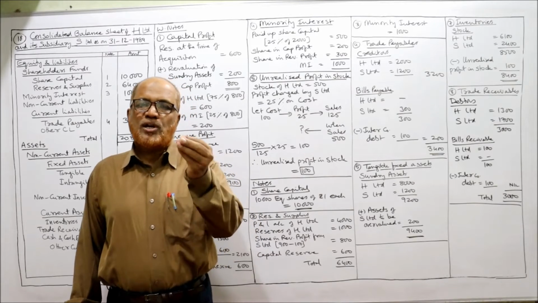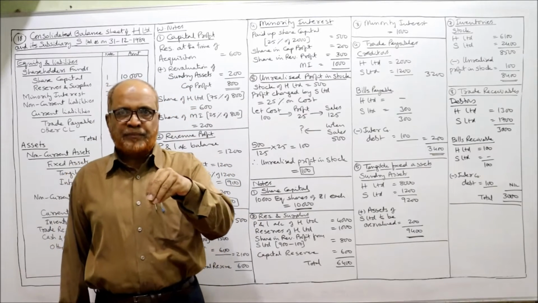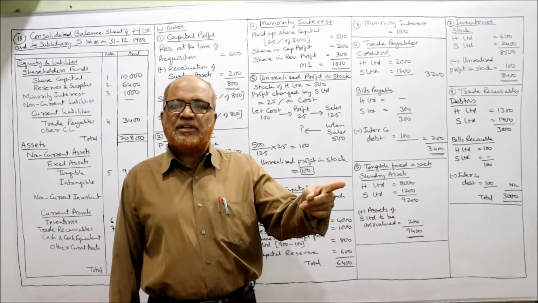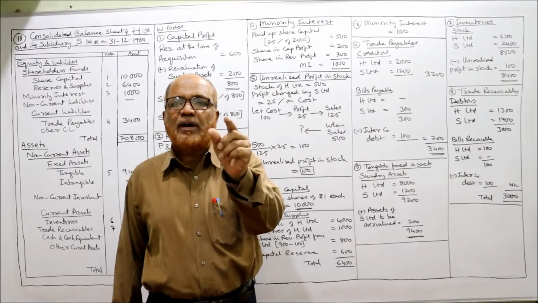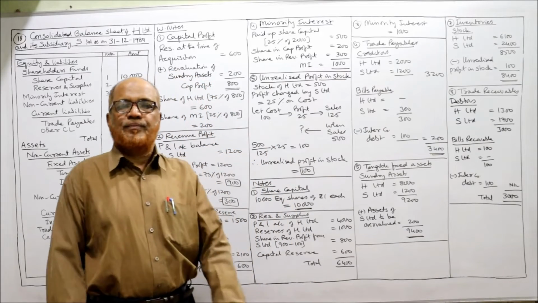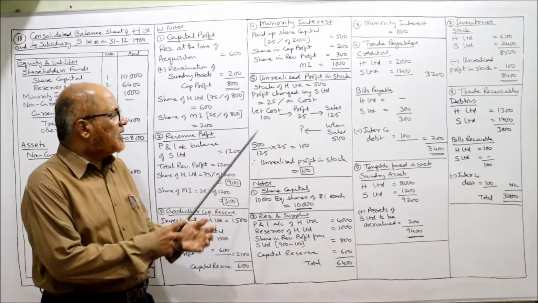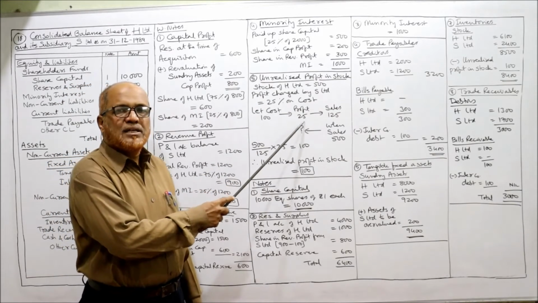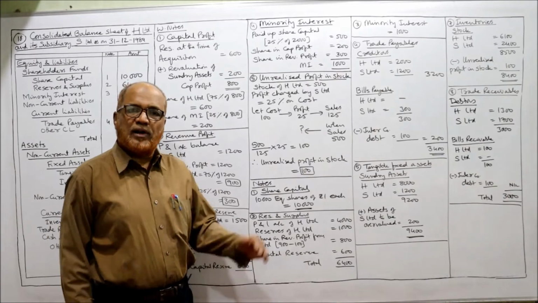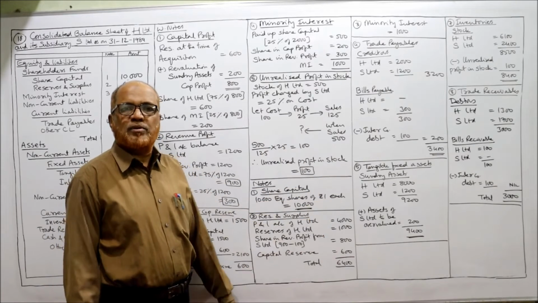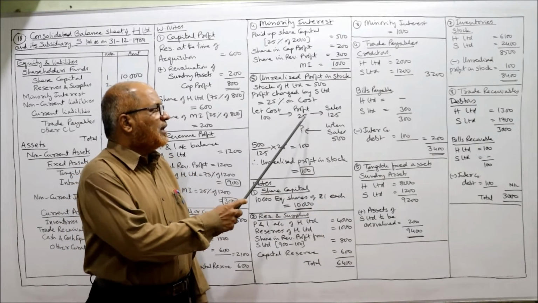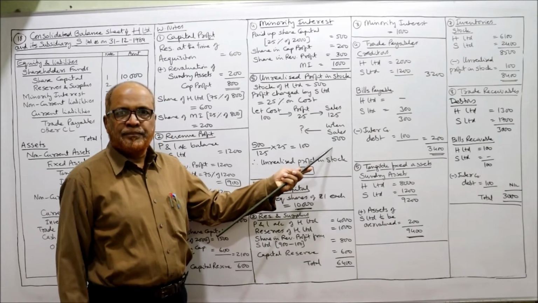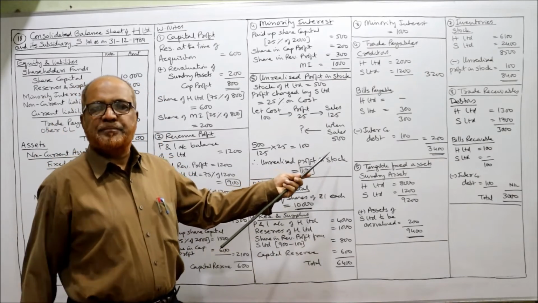S Limited has earned a profit of 25% on cost. So suppose the cost is 100, profit is 25, selling price will be 125. Already we have done this type of problem in the previous problems. So 100, 25, 125. What is the actual value of stock? 500. The actual value of stock remaining is 500.